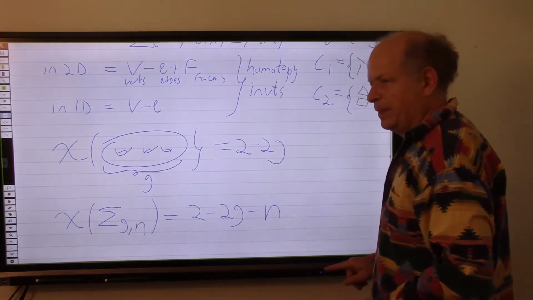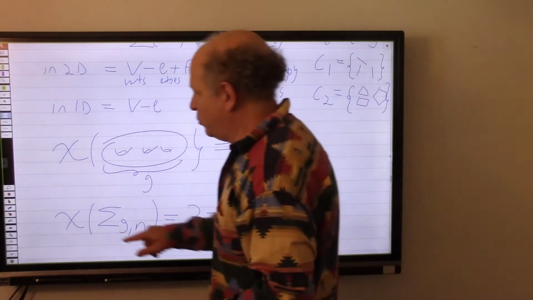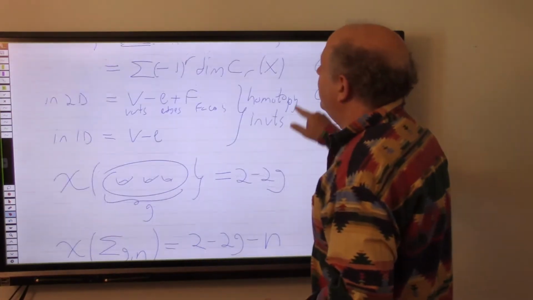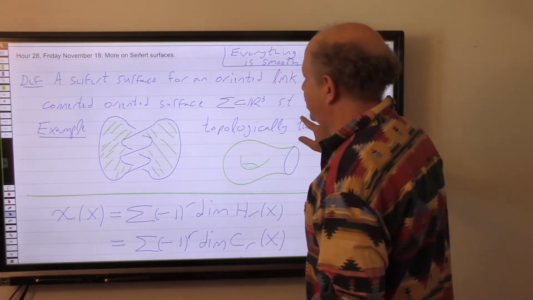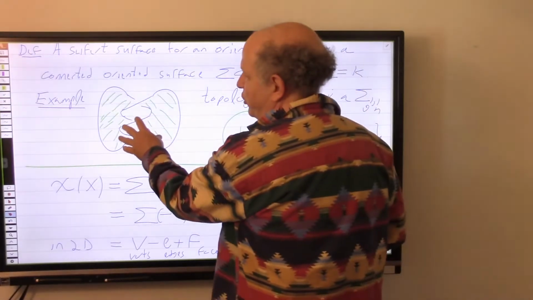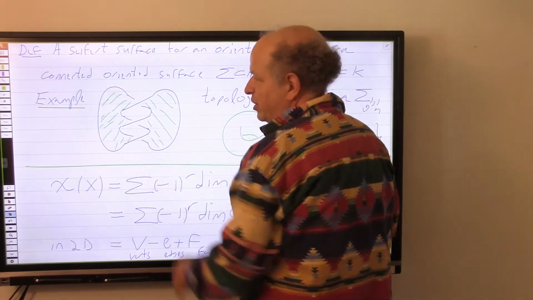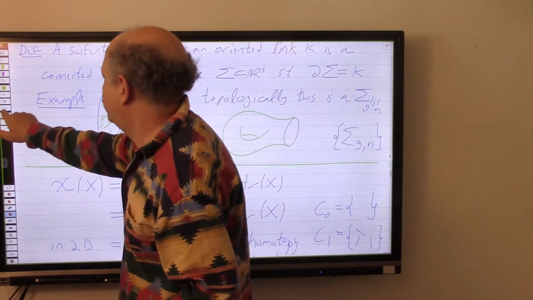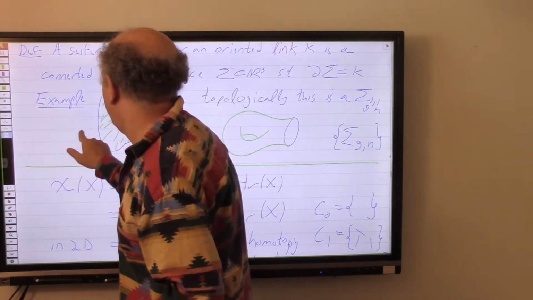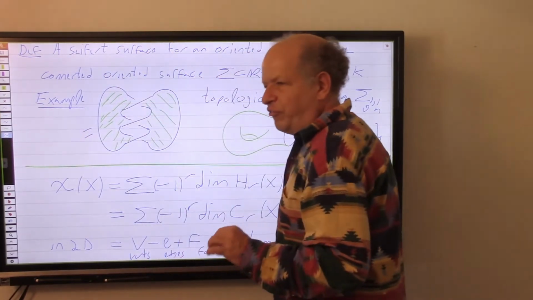Okay, so now, suppose I want to find the genus of the surface I started from. This surface, topologically, is homotopy equivalent to the following.